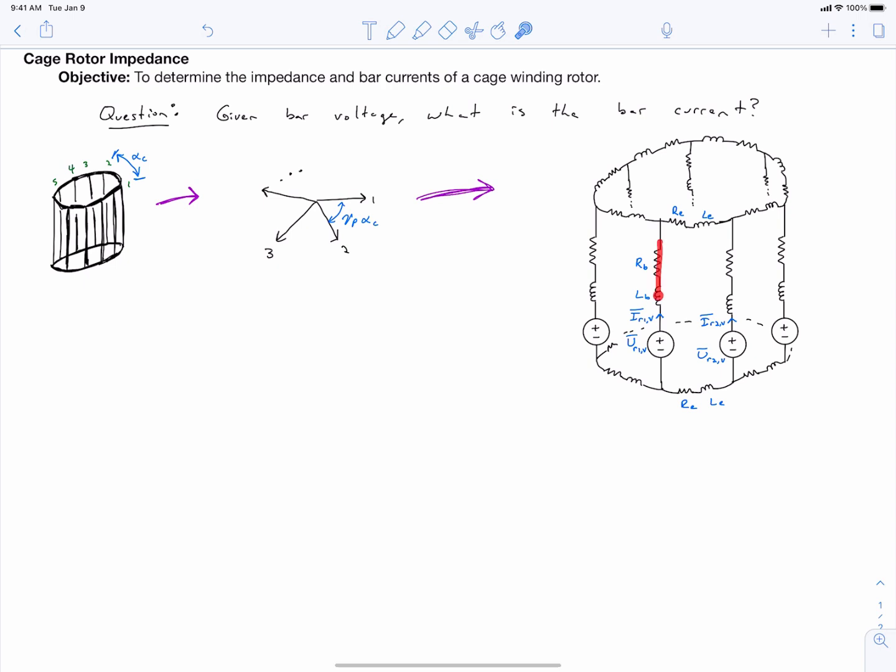So every single bar is drawn here, along with its leakage inductance, its resistance, and the end connection resistance and leakage inductance. The question at hand is, if we know each of these voltage phasors that are acting upon the rotor bar, what is the actual rotor bar current?